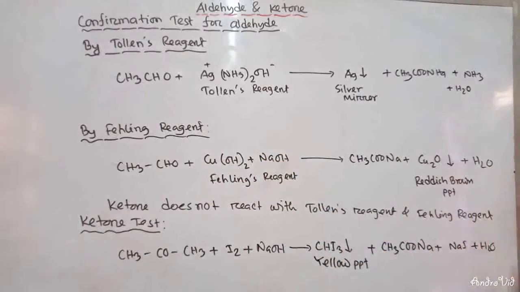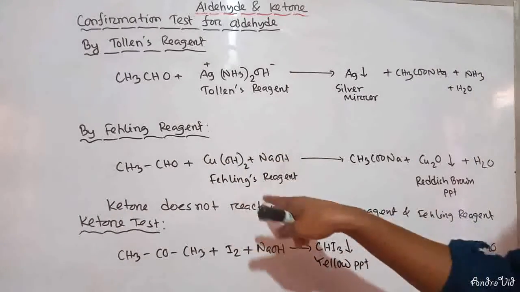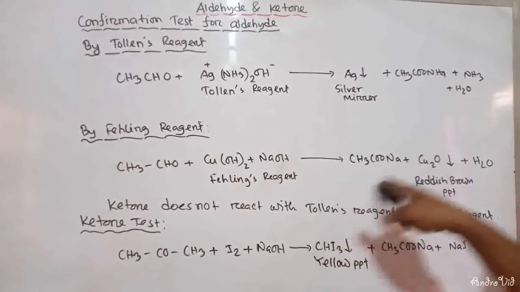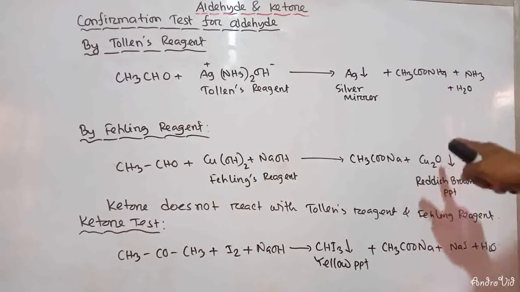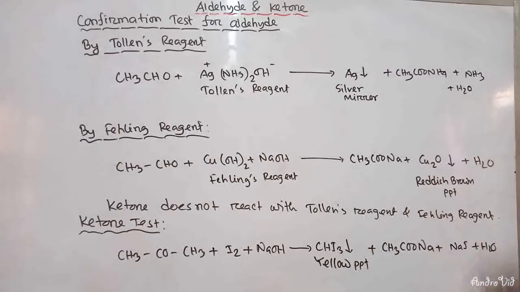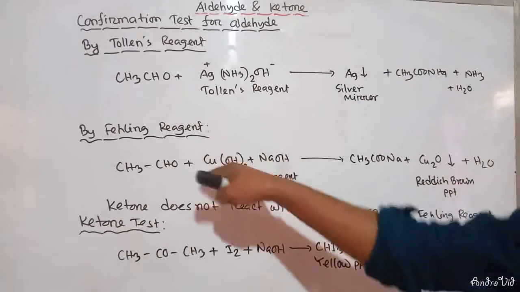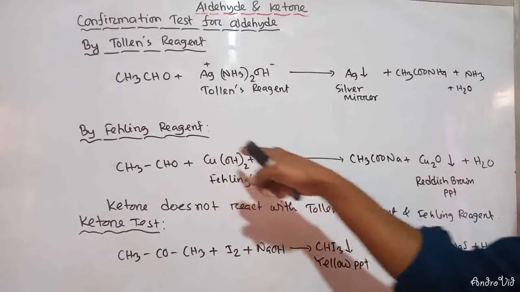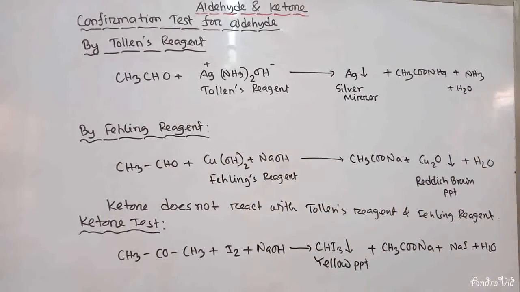Here this Fehling reagent also acts as an oxidizing agent, and that's why the oxidation value of copper here is +2, and the oxidation value of copper in this compound is +1. So this compound gets reduced, and the oxidation value has changed from +2 to +1.